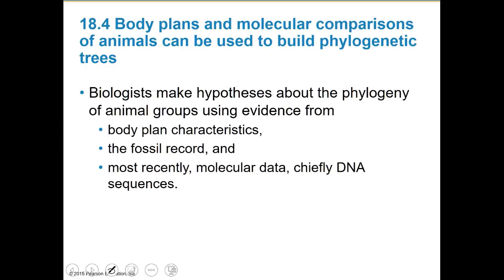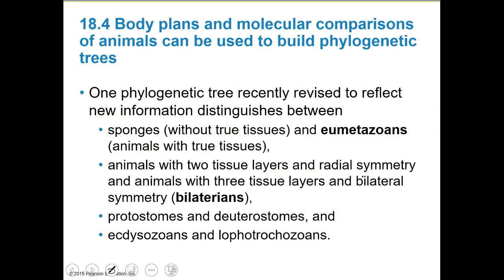All right, so biologists make hypotheses about the phylogeny of animal groups using evidence from these body plan characteristics, the fossil record, and most recently molecular data with DNA sequences. So that's how we can make some linkages. One phylogenetic tree that's revised to reflect new information distinguishes between sponges, the eumetazoans, animals with two tissue layers and radial symmetry, and the bilaterians, who are bilateral in symmetry.